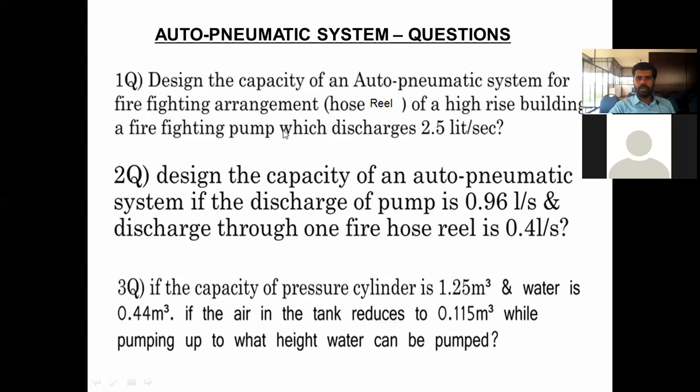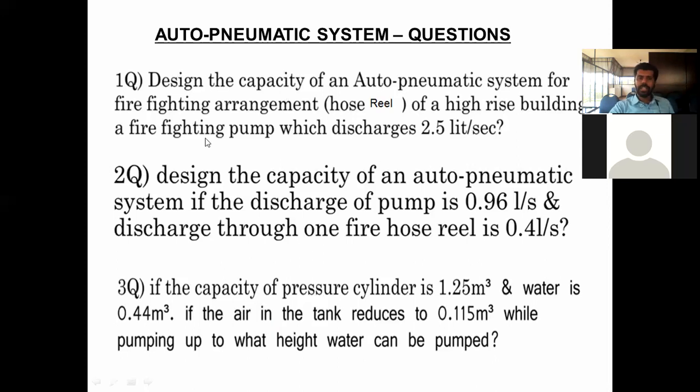A firefighting pump discharges 2.5 liter per second. We have to find out the capacity of the auto pneumatic system for a firefighting arrangement, and hosiery is a pipe with a reel.